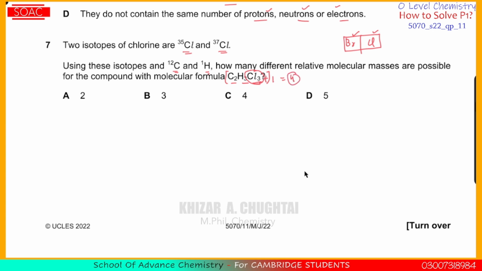So this compound, C2H3Cl3, has 4 different relative molecular masses. The correct option is 4. So whenever any halogen is present in the compound and you are asked to find the total number of different relative molecular masses, simply count the number of halogens and add 1 to it.